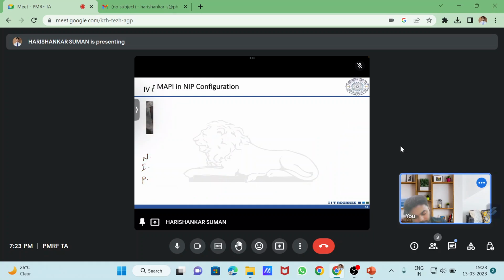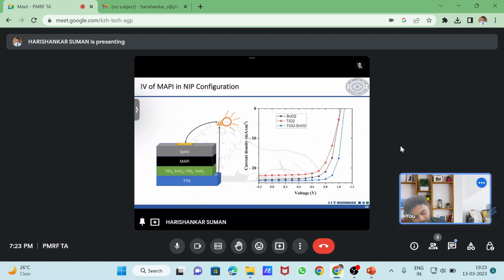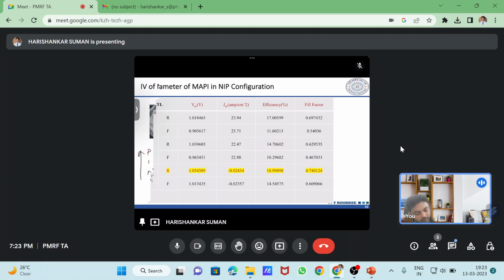And here is the NIP configuration. In the lab I have achieved 18.99 efficiency.